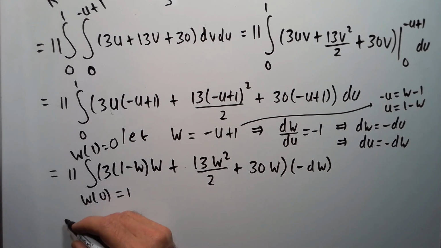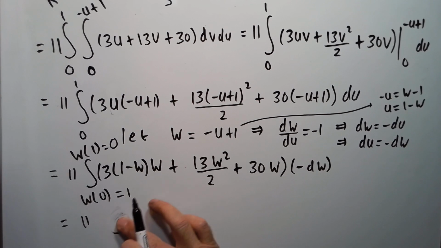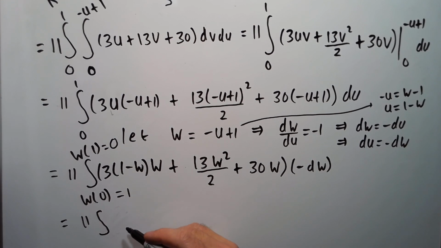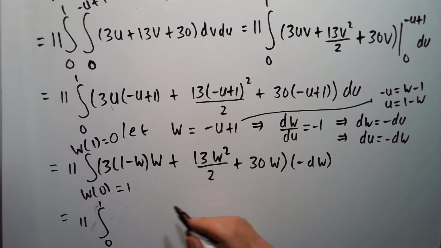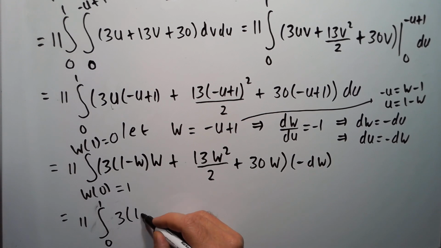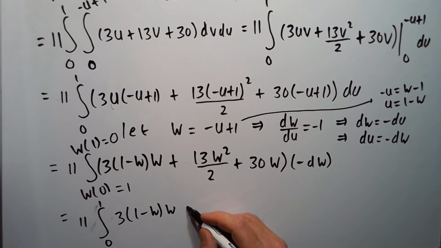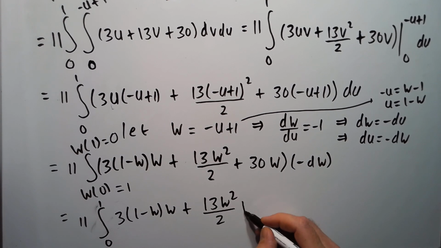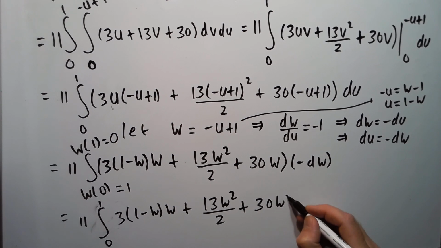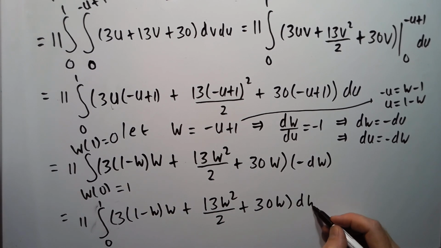So you could write this then as 11, integral from 0 to 1, 3 times 1 minus w plus 13w squared over 2 plus 30w dw.